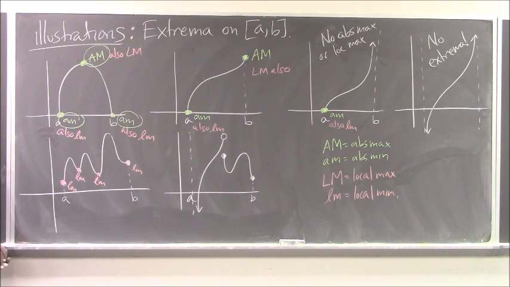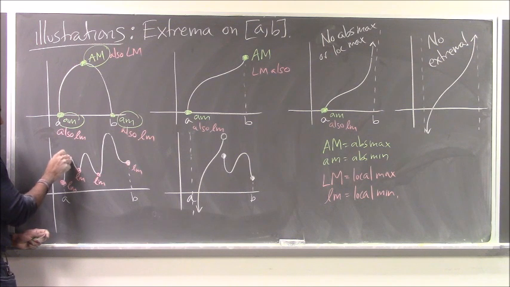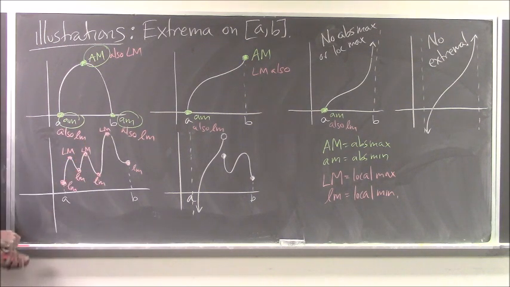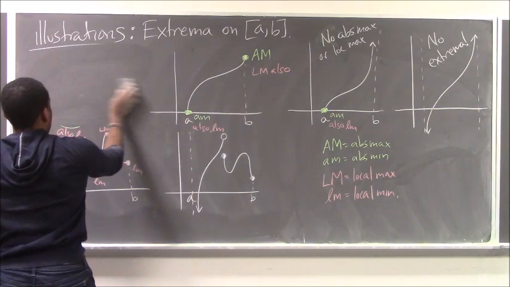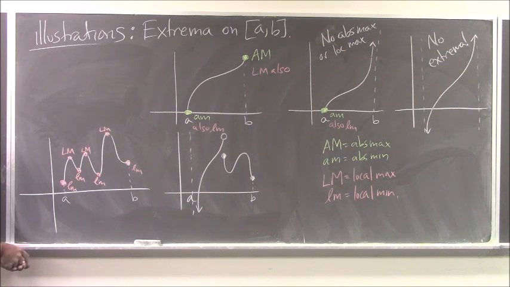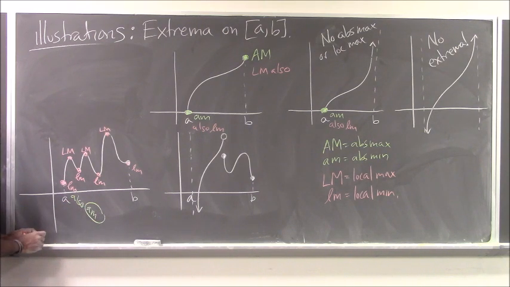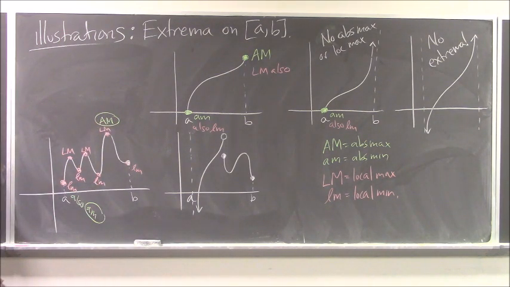You will notice that we have local maximums here, here, and here. You'll also notice absolutes. So this here is also an absolute minimum. That's probably what I would think about it. This one here is an absolute maximum. But all the other ones are local.